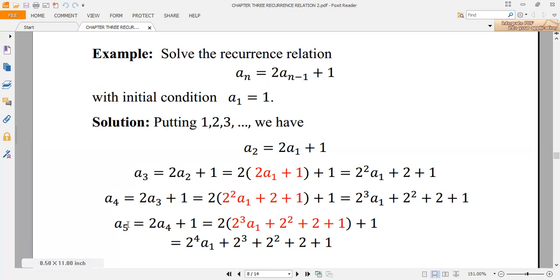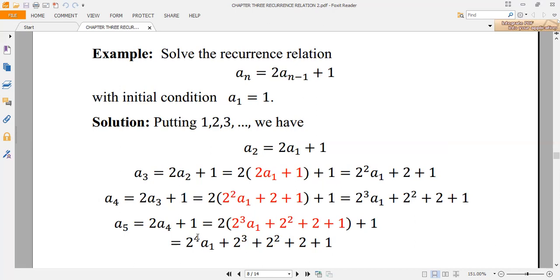And a5 is 2 times a4 plus 1, where a4 is defined here, so 2 times (2 cubed a1 plus 2 squared plus 2 plus 1), plus 1, which is 2 to the power of 4 a1 plus 2 cubed plus 2 squared plus 2 plus 1.